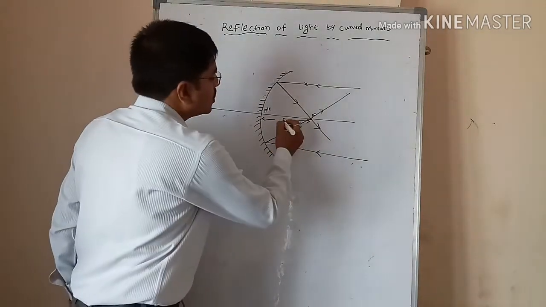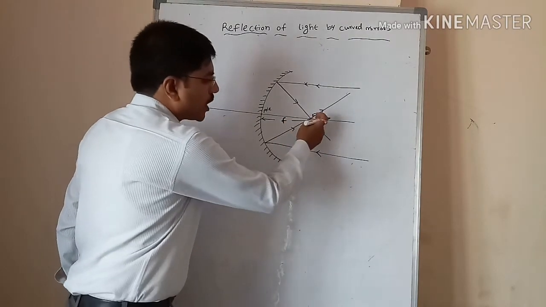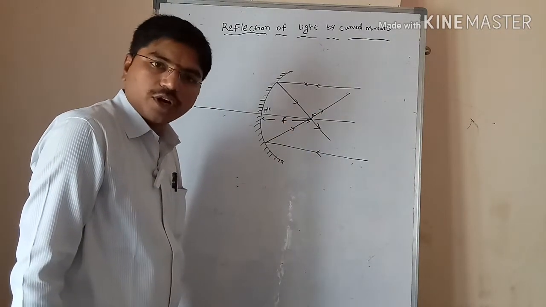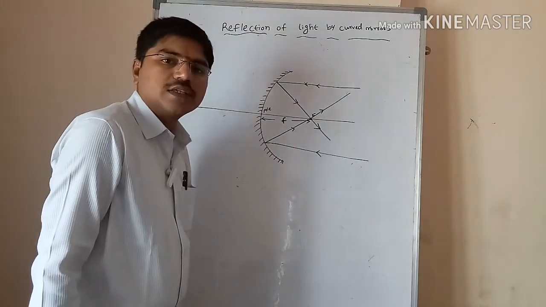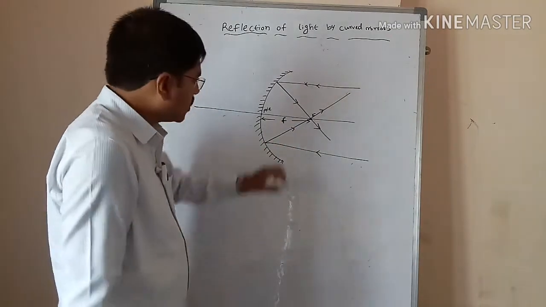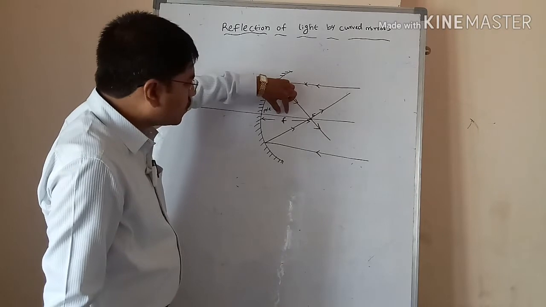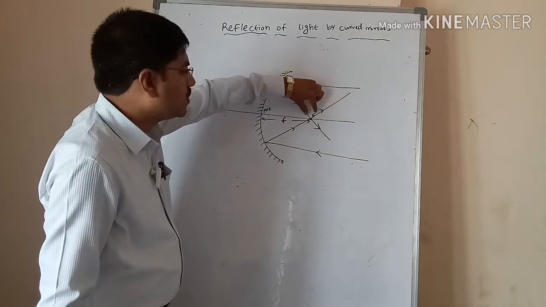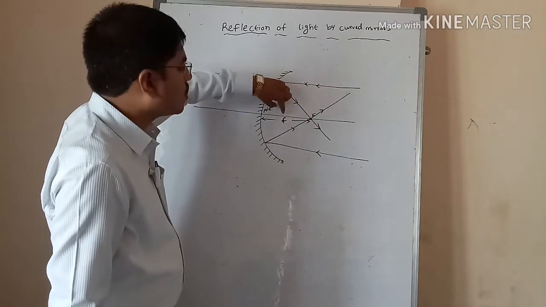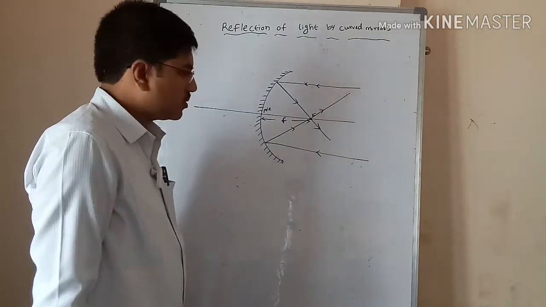That is shown with a small f. So capital F is the focal point, and small f is the focal length. The distance from the focal point to the pole is called the focal length.